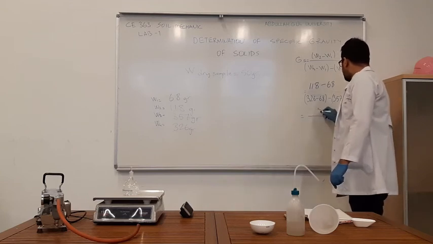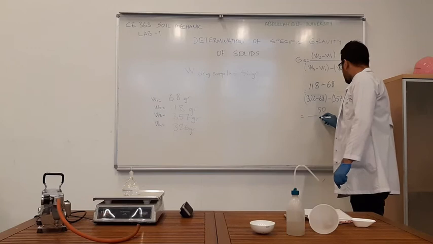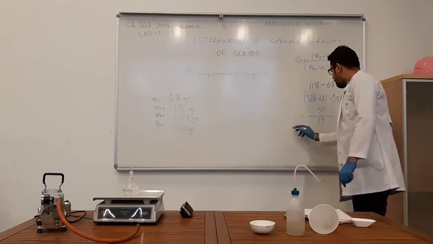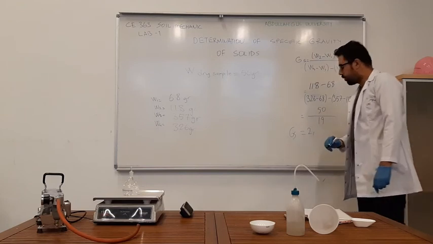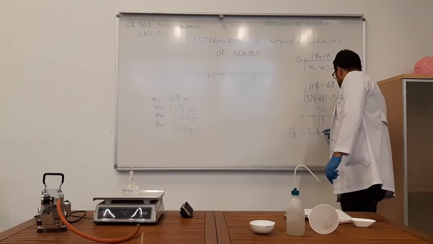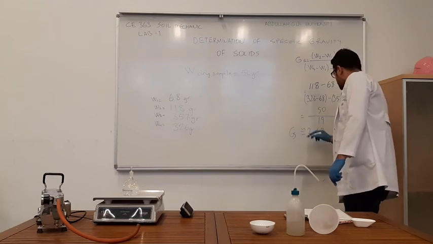From here we get 50 divided by 19, and our specific gravity for this soil, of course, is 2.63.